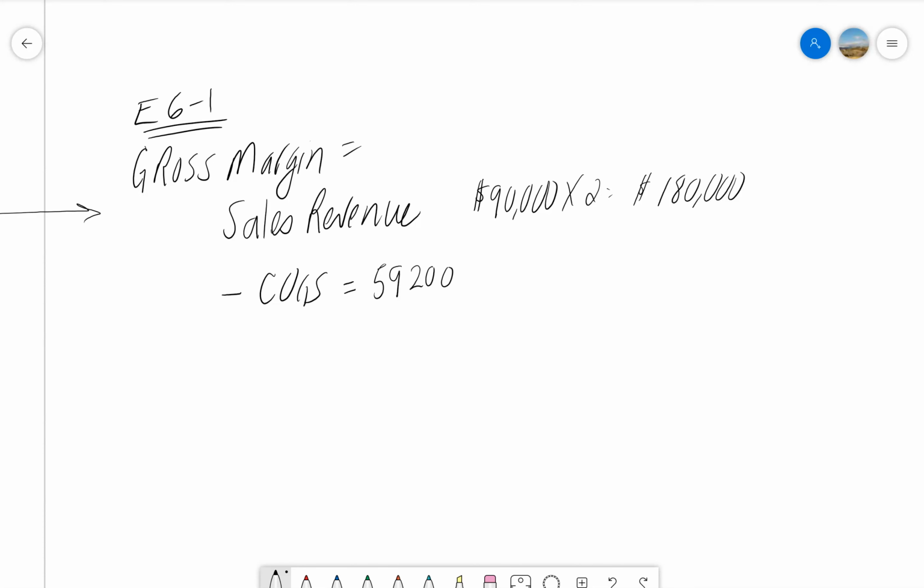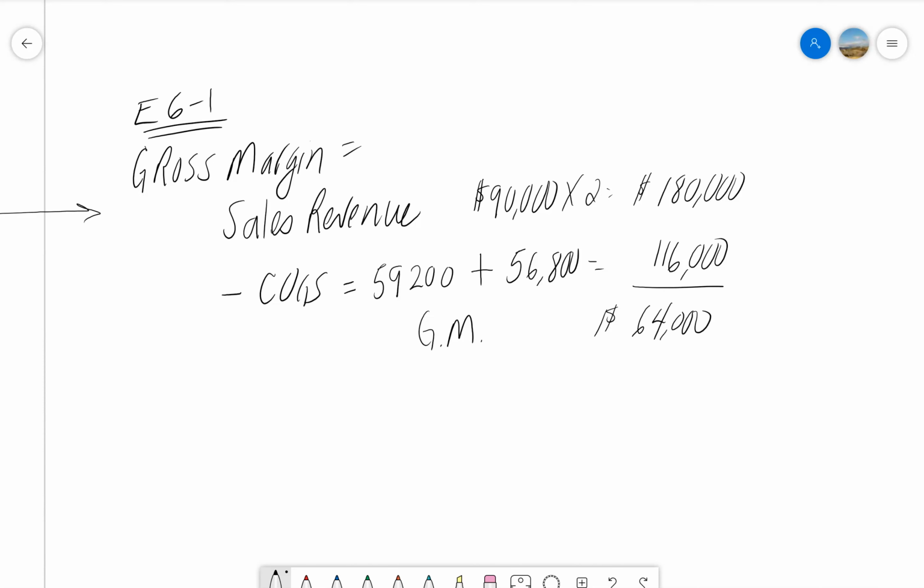That's the specific cost of the transformer with serial number ending 905. And the specific cost of the other transformer, the one ending in 002, is $56,800. So the total cost of goods sold is going to be $116,000. And so the gross margin or gross profit, remember those 2 terms are interchangeable, is going to be $64,000.